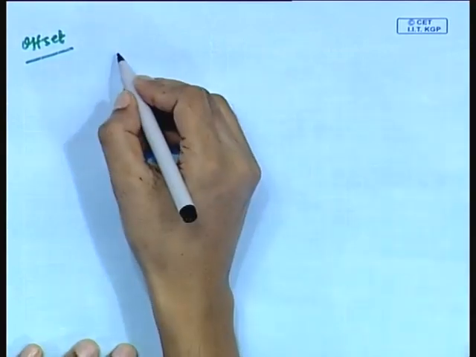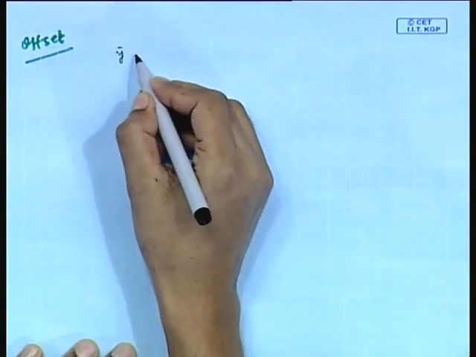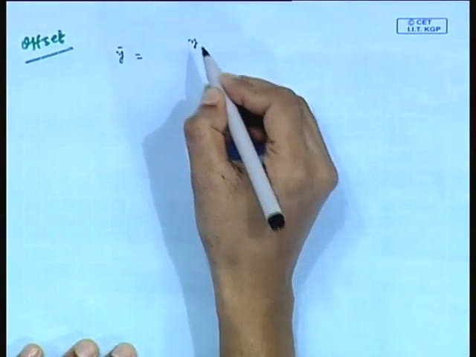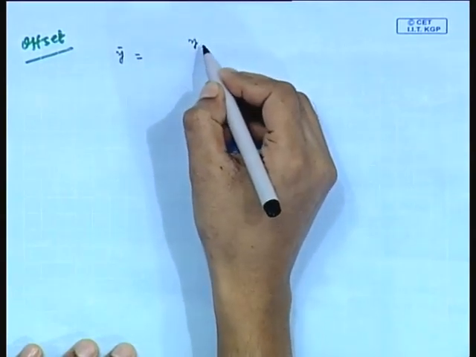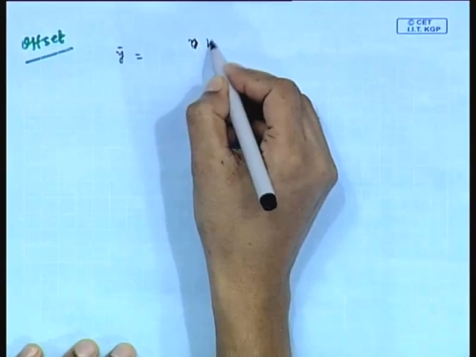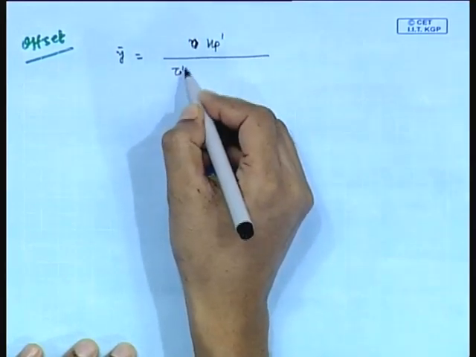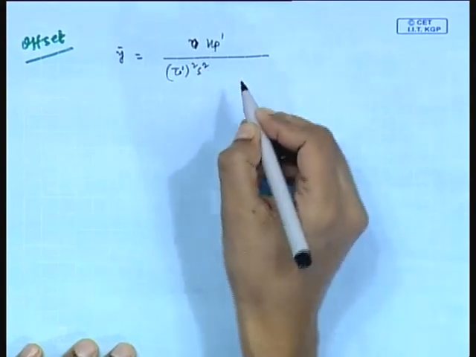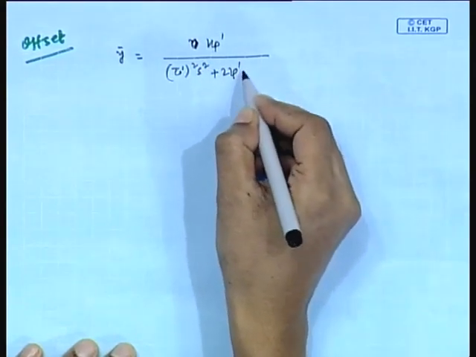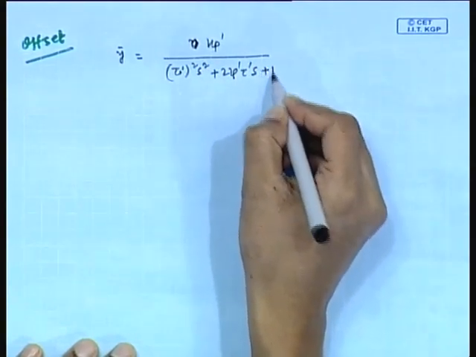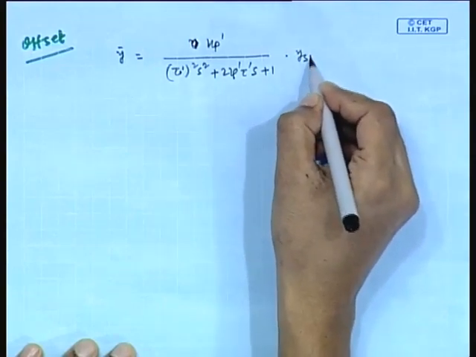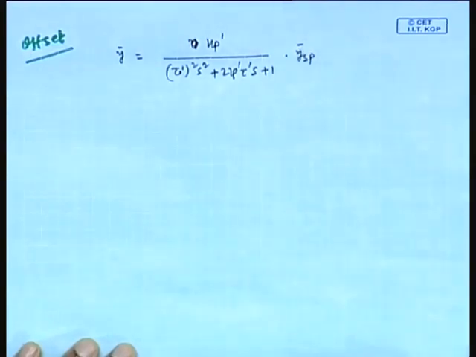Now, our closed loop transfer function is y bar equals Kp prime divided by tau prime square s square plus 2 zeta prime tau prime s plus 1, times y set point bar.